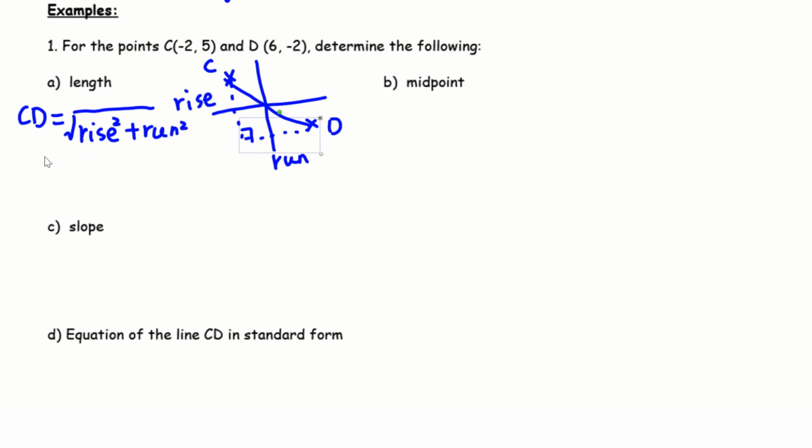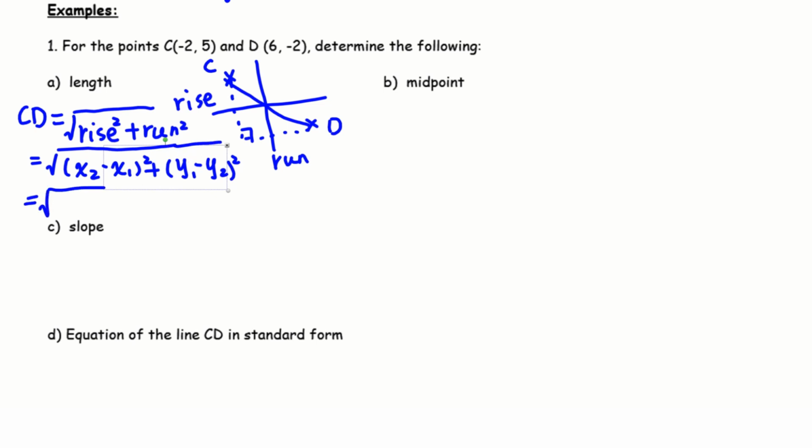Or you could put the run at front, the difference of x, then plus the difference of y, this is the rise, and this is the distance or length formula.